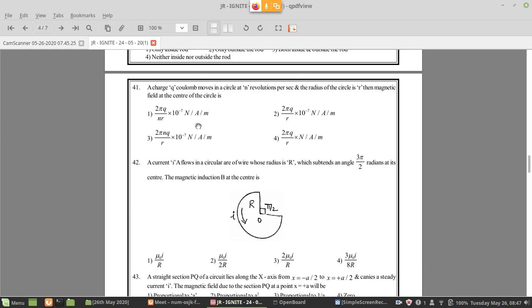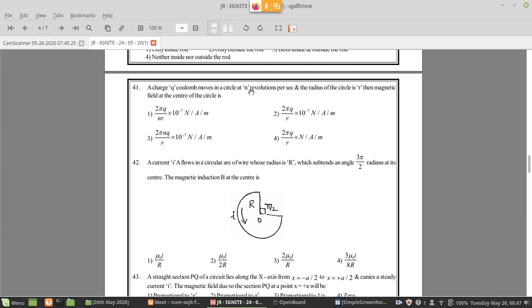Right. 41st question. A charge Q coulomb moves in a circle at n revolutions per second. The radius of the circle is R. Then the magnetic field at the center of the circle is how much? So the number of revolutions made is n.